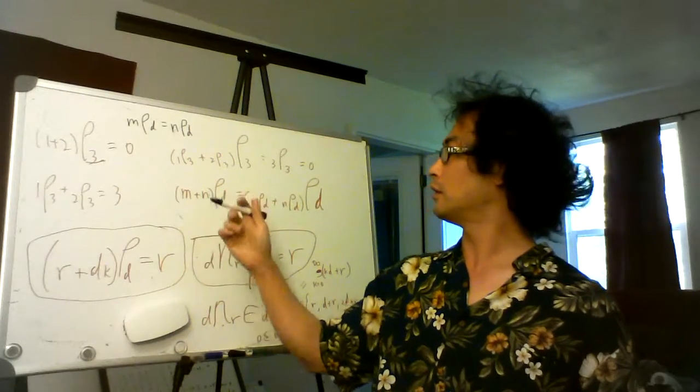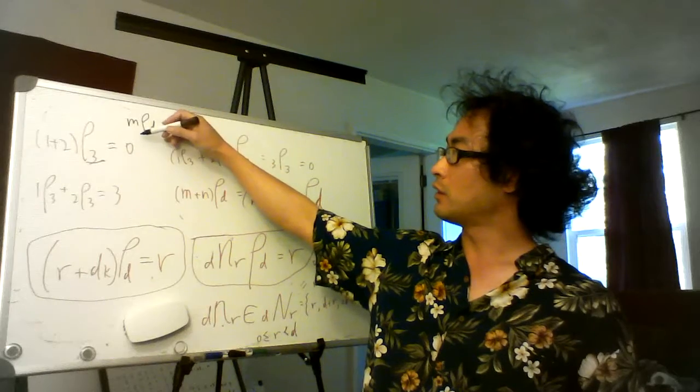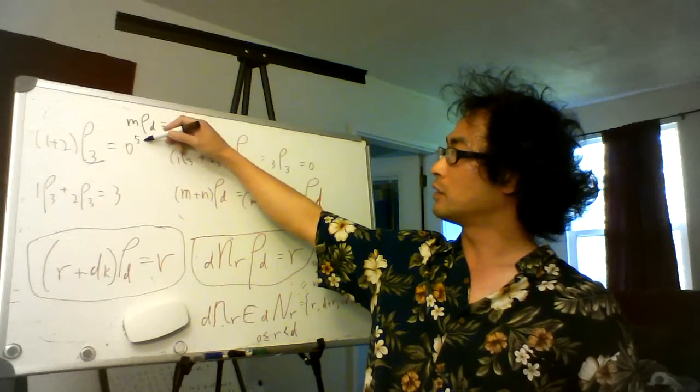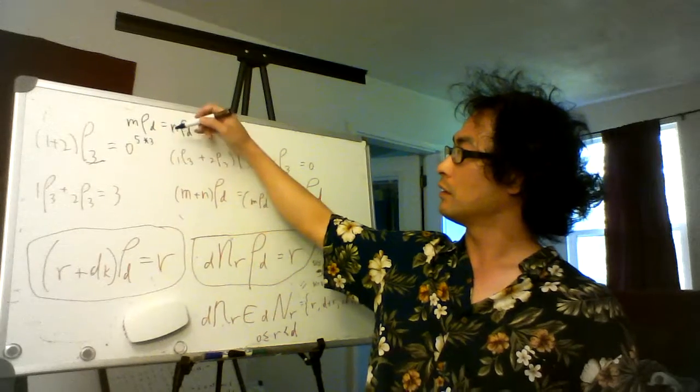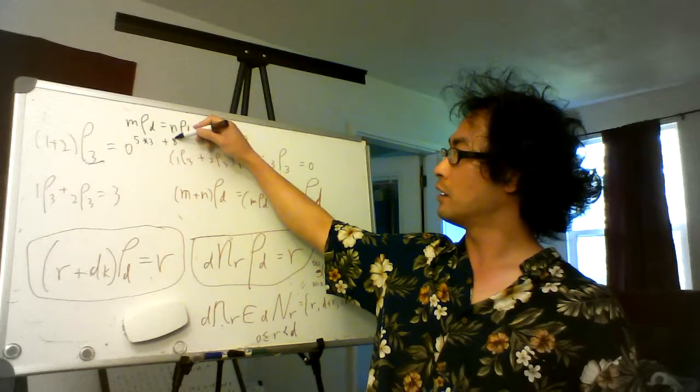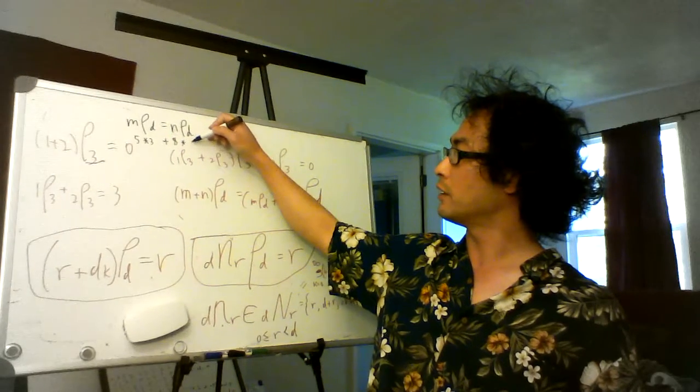Think of it this way. We have 5 multiplied by 3 plus 8 multiplied by 3.